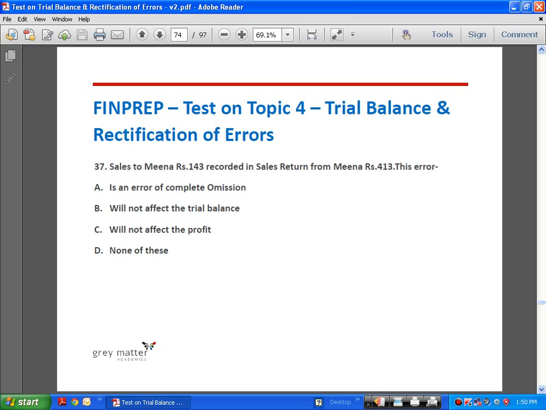So the error is in the source itself, and so it will not affect the trial balance. Will not affect the profit is a wrong statement because it will definitely affect the profit, because sales of 143 has not been recorded. Instead, negative sales of 413 has been recorded, which will have an impact on the profit. So the answer is B.